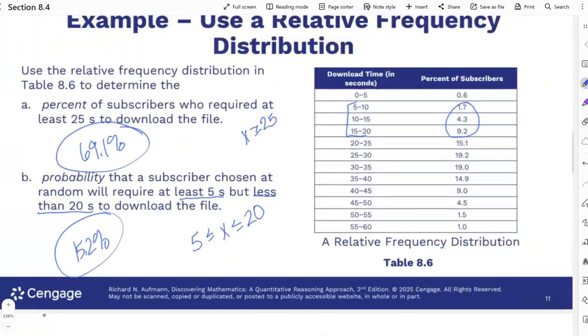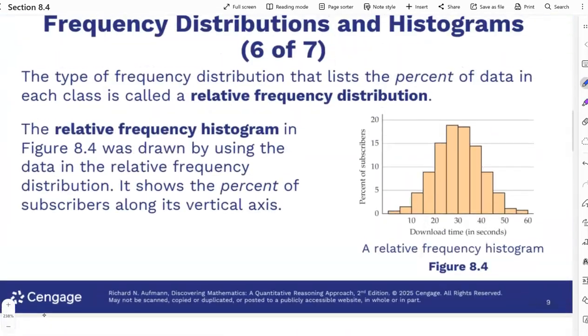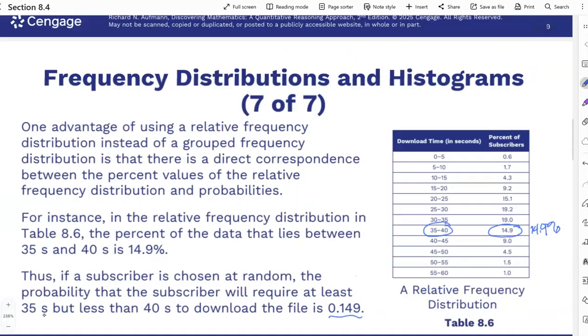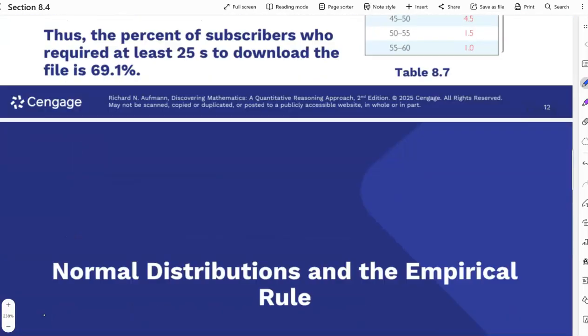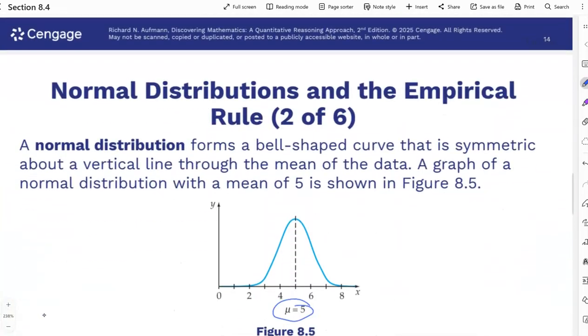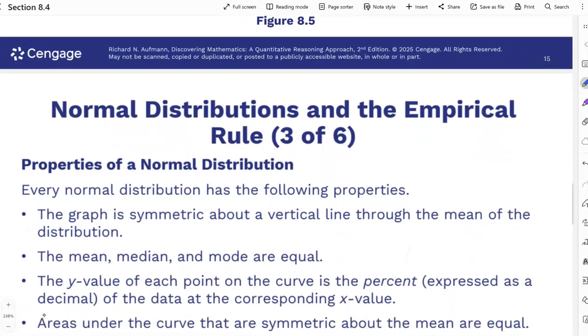Going back to our example up here, you can see that this is an approximately normal distribution because it's got that nice bell shape around it, and it's approximately symmetric about that mean. It's not exactly symmetric. We've got a little bit of a discrepancy, but it's really close to a normal distribution, which means we could apply something called the empirical rule.